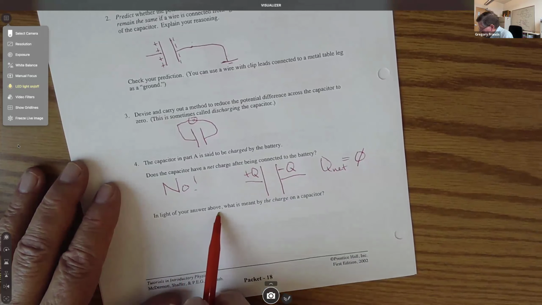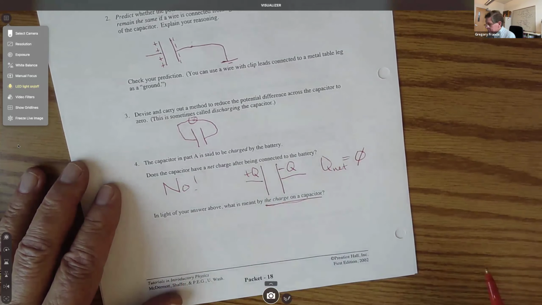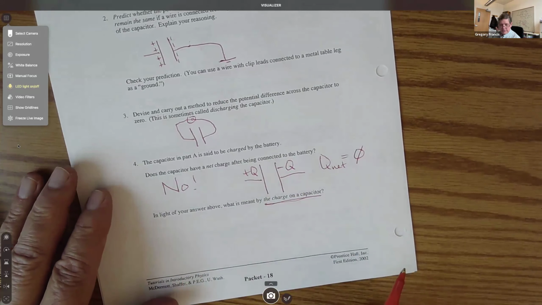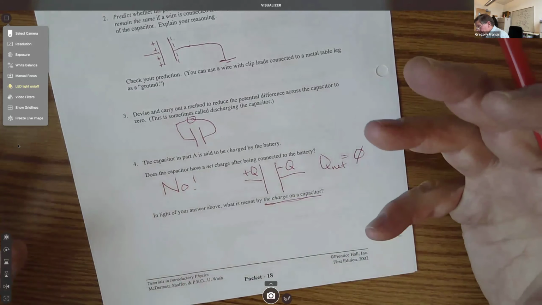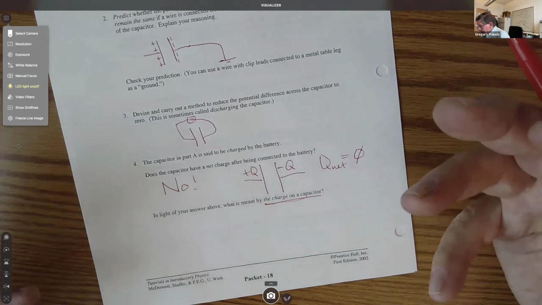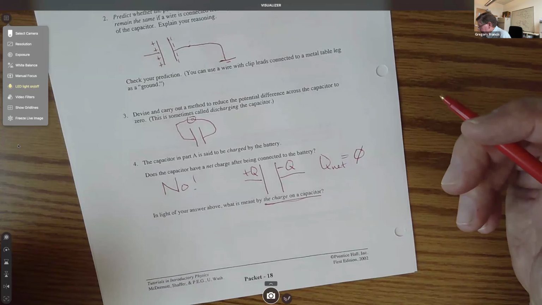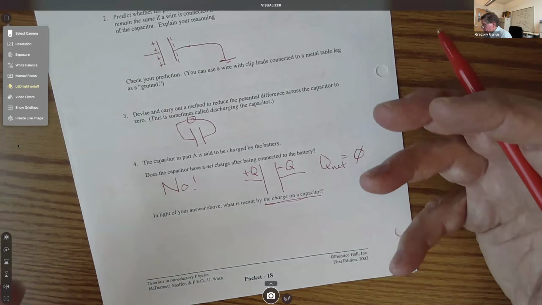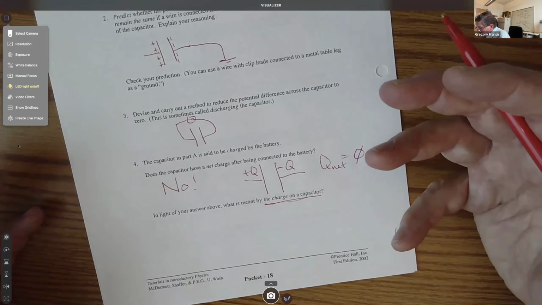In light of your answer above, what is meant by the charge on a capacitor? Well, it's only the electrons that are free to race through the wires to light up a bulb or to run a fan, to do some sort of useful work. And so it's only the charge on one of the plates that is useful.